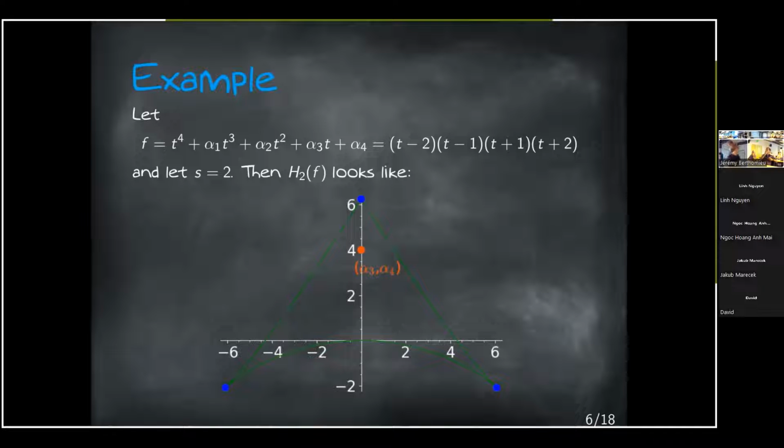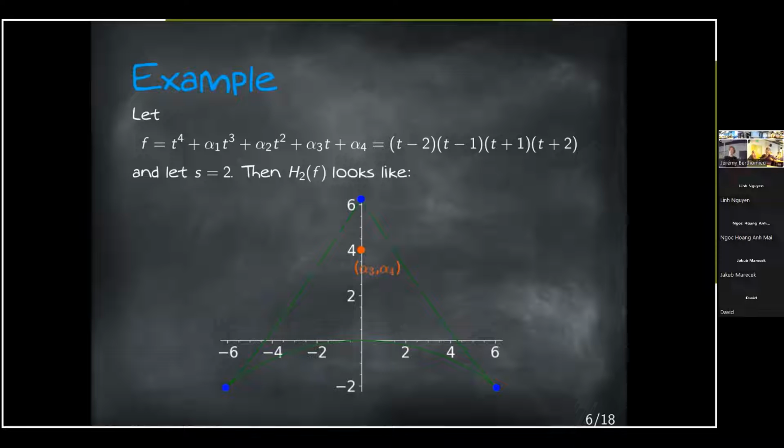Then if you take any polynomial in the set h2f, it has the same first 3 coefficients as f. So there's 2 coefficients that are free, that are left over. You can just map those coefficients to a point in R2. And that is the picture I see here. It's just this mapping.